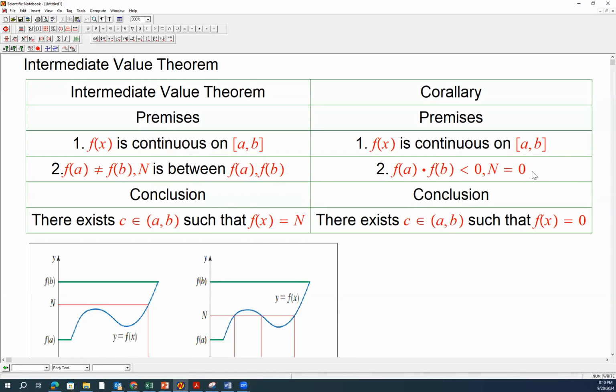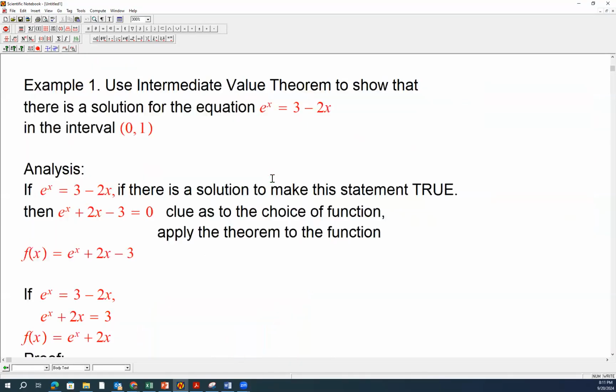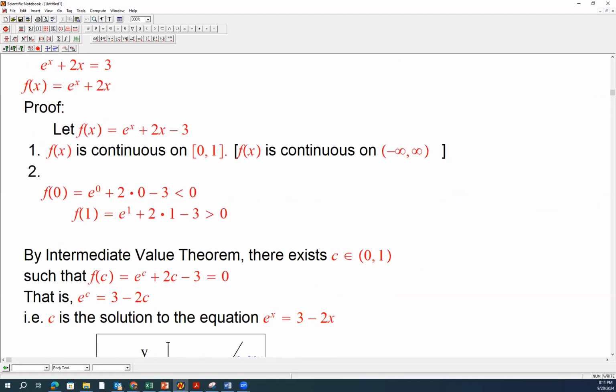It doesn't matter which one you quote. So our interval has been set. Here we're going to say f of 0 equals, you can actually find the number, but here we just estimate: 1 minus 3, so it is negative 2.